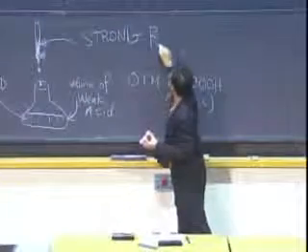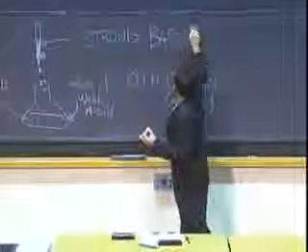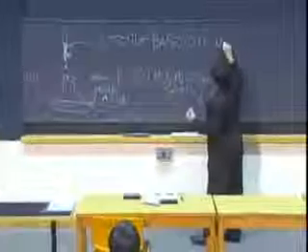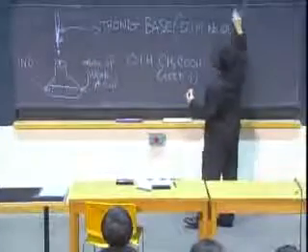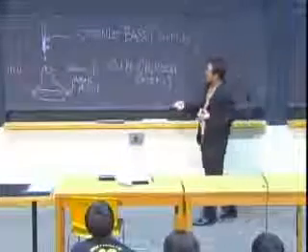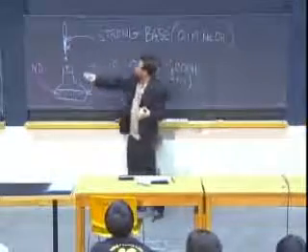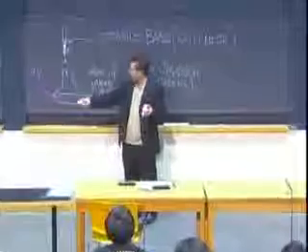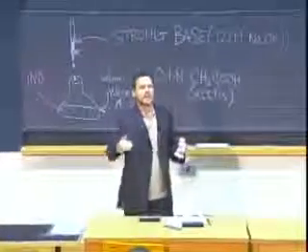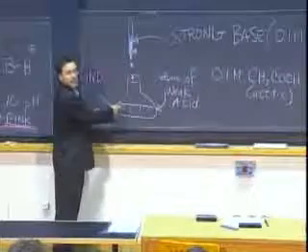So this is strong base, and for example, that might be sodium hydroxide. Okay, so there's a typical titration. And if you think about it, because we're adding one solution to another, we're going to have a constantly changing volume in this bottom solution throughout the experiment.